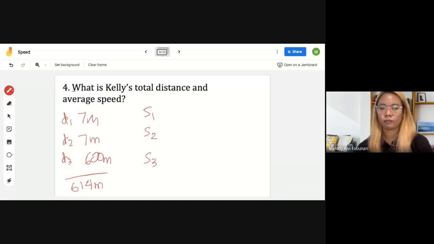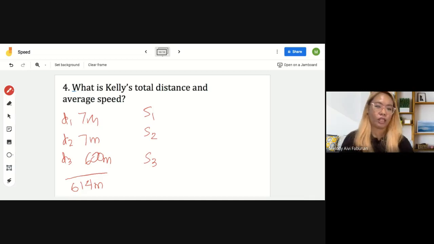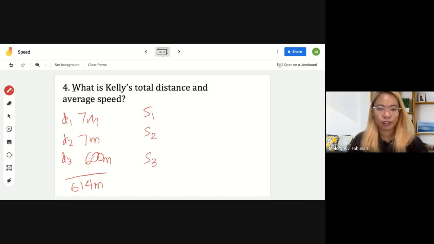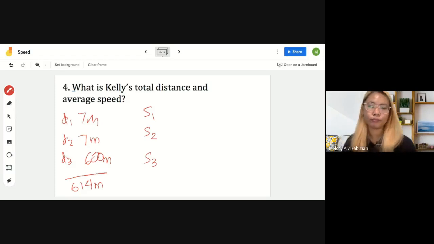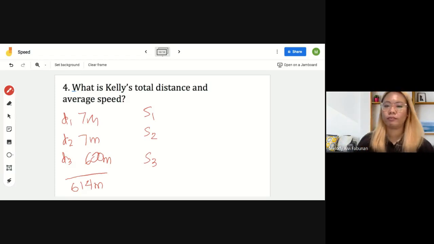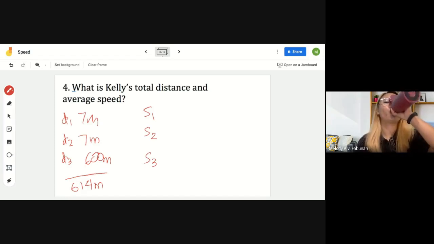Okay, so meron ng sagot si Jared. Pero Jared, wrong unit to ha. I'm looking for the average speed. Your unit is in seconds. So pa-double check ako ng answer. The same with Gian.